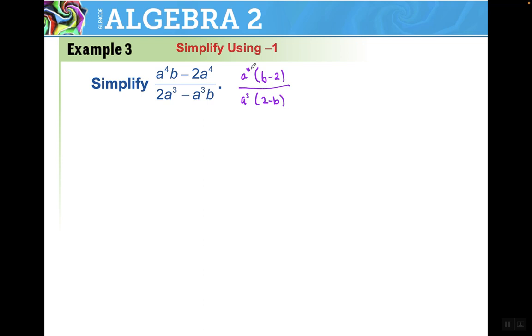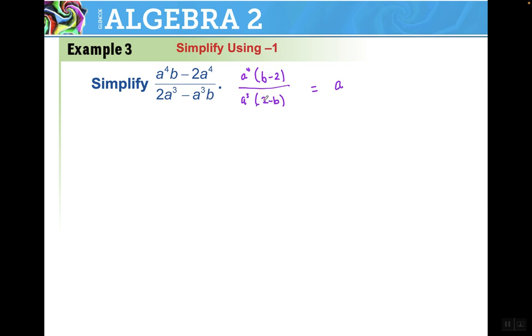Well, the a's, we can cancel some of those. So a to the 4th divided by a to the 3rd is just a to the 1st. And then these factors look a lot alike, but they're not quite the same. If you have b minus 2 and 2 minus b, if you factored out a 2 minus b from b minus 2, you would end up with a -1.